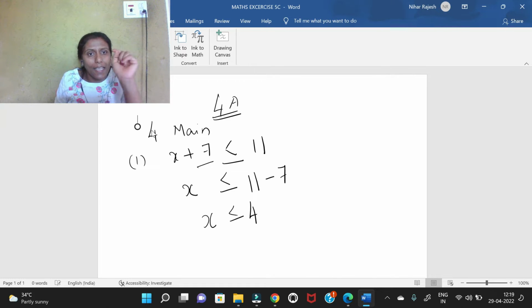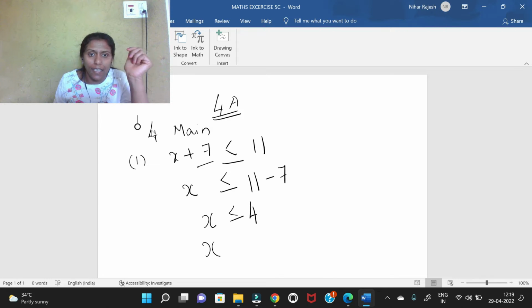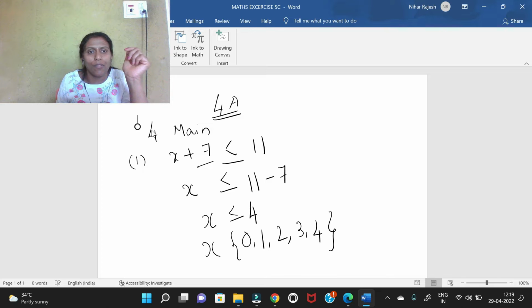What they said in the replacement set is that x is a whole number. Then what are those numbers? Among that big set starting from 0, x should be 0 or 1 or 2 or 3 or 4, but not anything greater than 4 because it is less than or equal to.